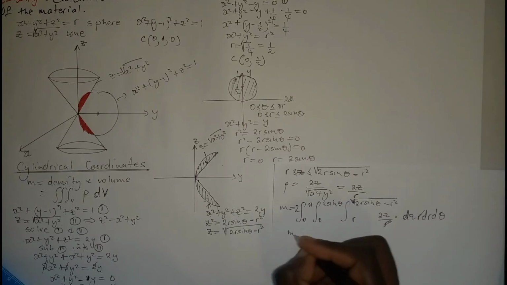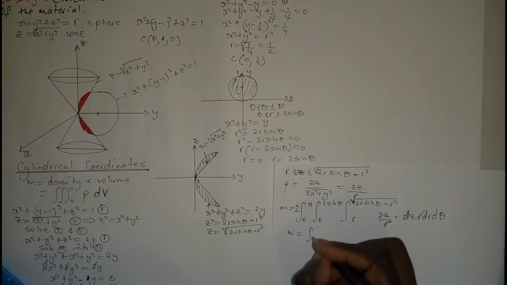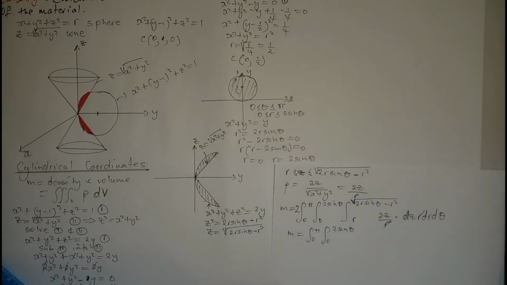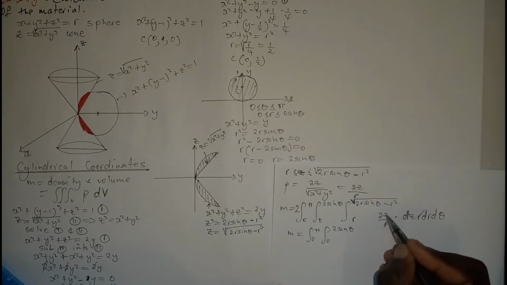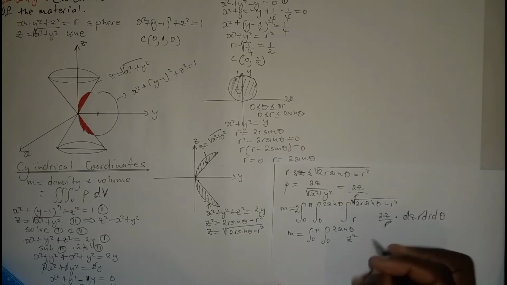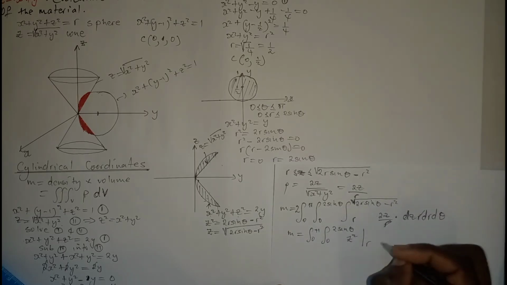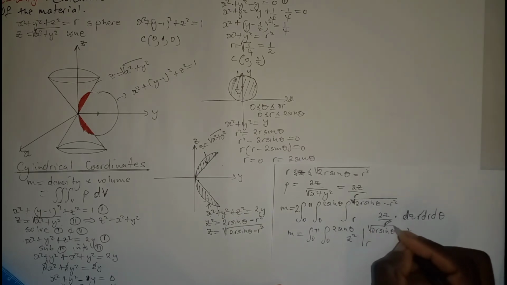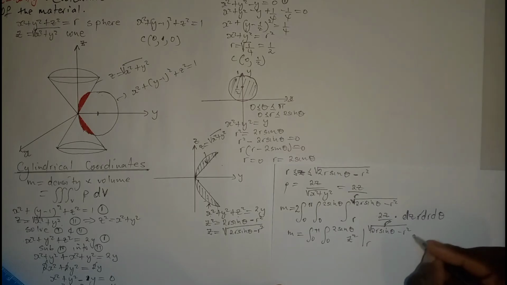Here the mass is going to be from 0 to pi, 0 to 2 sine theta, and I'm going to integrate z to get z squared over 2, but we have a 2 here, so they cancel each other. So I'm going to have z squared, and we no longer have r, from r to the square root of 2r sine theta minus r squared, and you're going to have dr d theta.